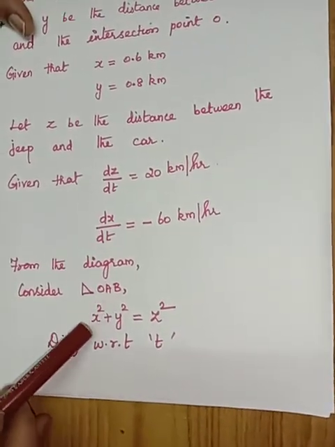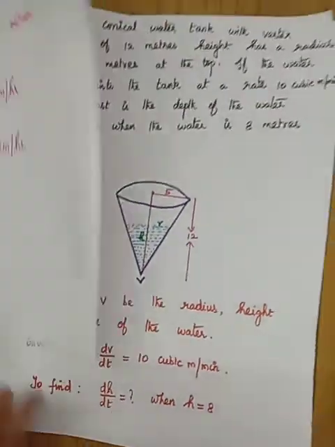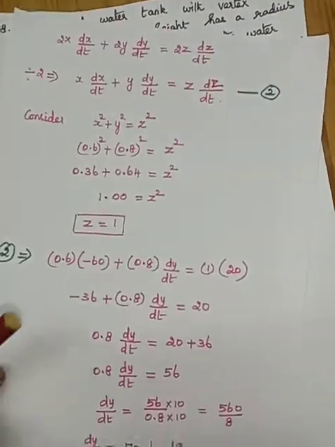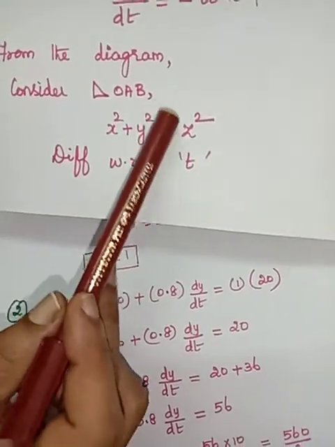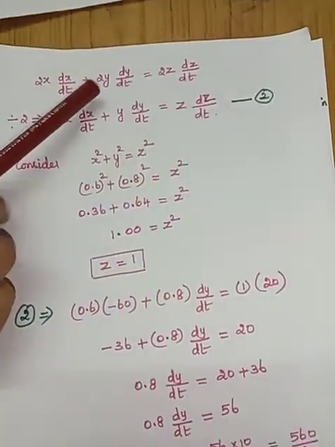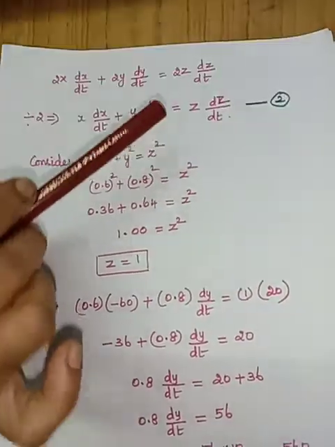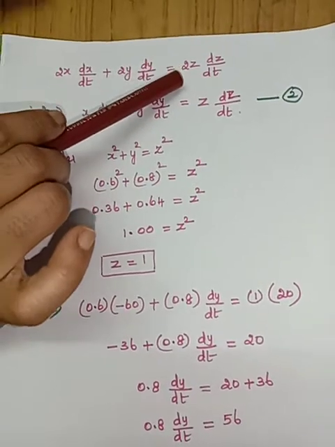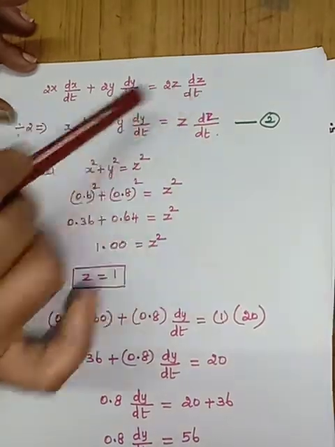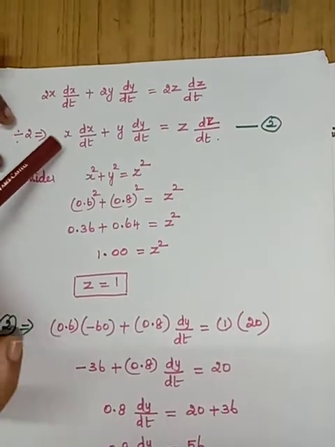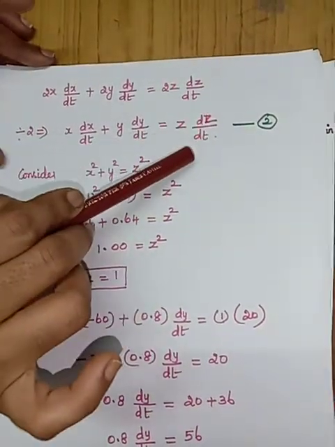The differentiation of x squared with respect to t is 2x dx by dt, plus the differentiation of y squared with respect to time is 2y dy by dt. In the same way, the differentiation of z squared with respect to t is 2z dz by dt. If you divide all the terms by 2, you will get x dx by dt plus y dy by dt is equal to z dz by dt.